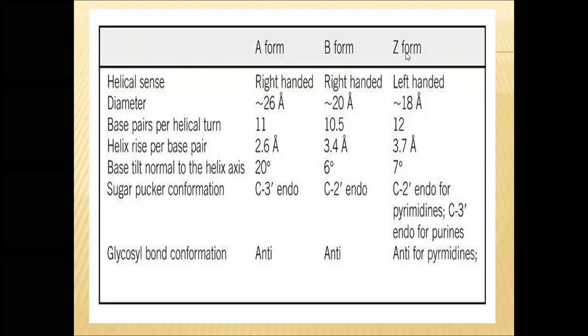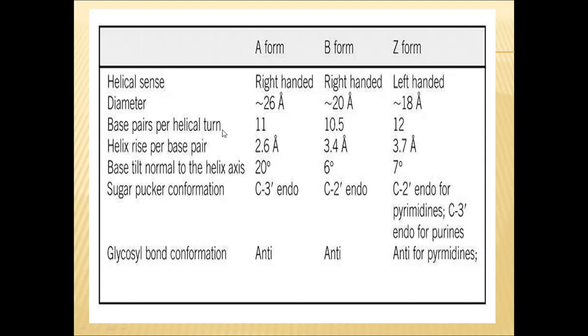Whereas in zDNA, the turnings of the polynucleotide chains will be left-handed. And the diameter of these DNA molecules: bDNA, as we have already seen, is 20 angstrom diameter, the A form has a 26 angstrom diameter, whereas zDNA has 18 angstrom only.